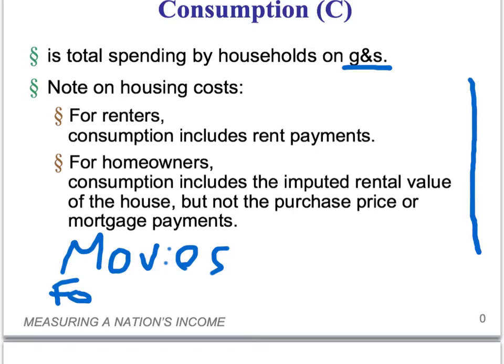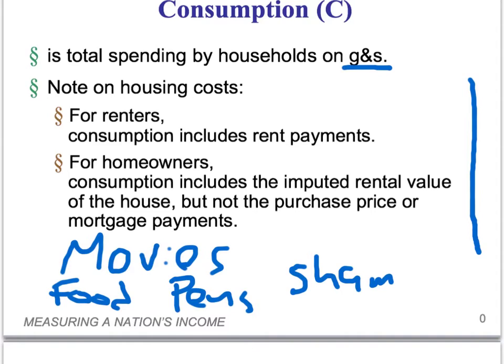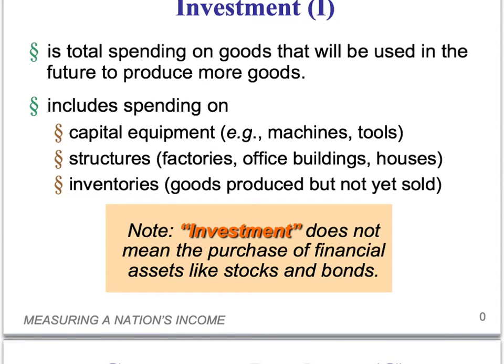Food is something you actually consume, but also things like the pens you bought, that is consumption. Shampoo is consumption. If you hired a lawyer, that is a service, and that goes in consumption, etc., etc.